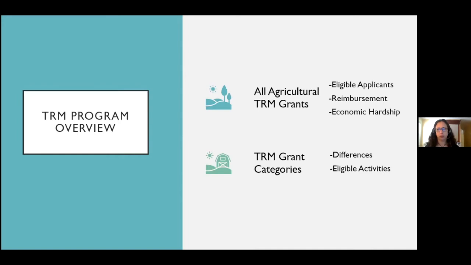I believe they're under the resources tab on the TRM grant website. I can verify that while we're having the webinar. But yes, there are documentation forms to use, and they outline all the necessary things that you need to gather to make that determination.